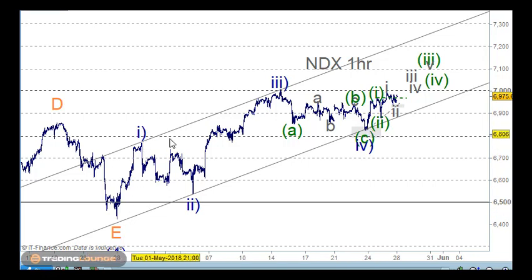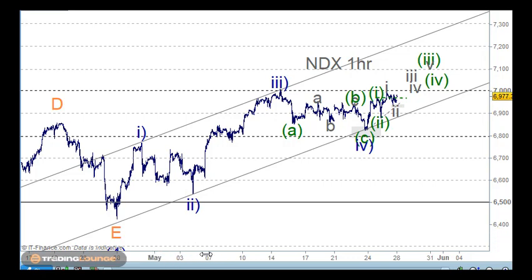In this case, wave 1, wave 2, 5 waves up for wave 3, wave 4, and looking up for wave 5. We'll talk about that in a moment. I must point out that the S&P 500 doesn't have this particular initial structure, because this wave 2 on the S&P is lower than this one here, so we can't use that. But in this case, it counts quite nicely like this.